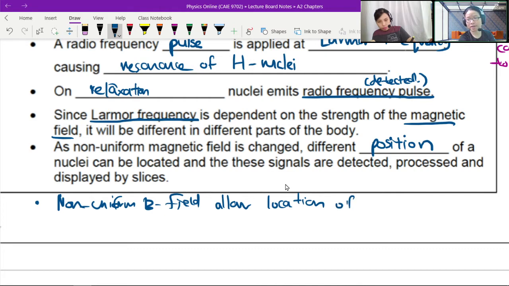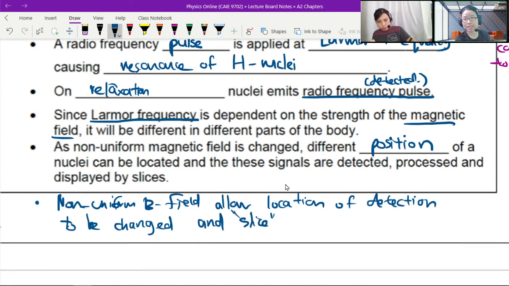But the non-uniform magnetic field allows the location of detection to be changed, and we can also slice the body differently. So this slicing allows the surgeon to know for sure where the injury site is. Let's say you have a blocked blood vessel and he wants to go in and remove the clot, where exactly is it? So the precision matters for organs like the brain.